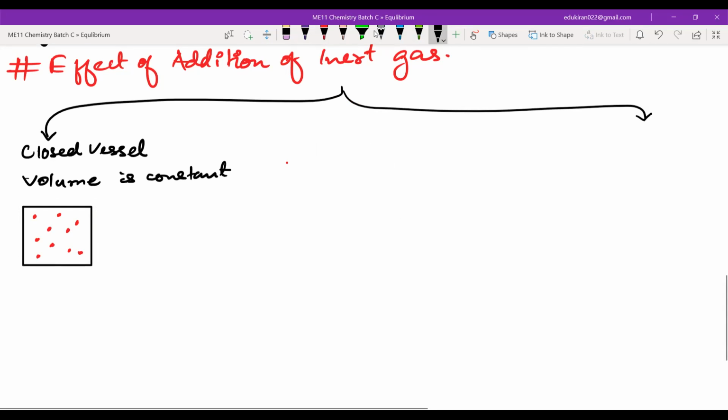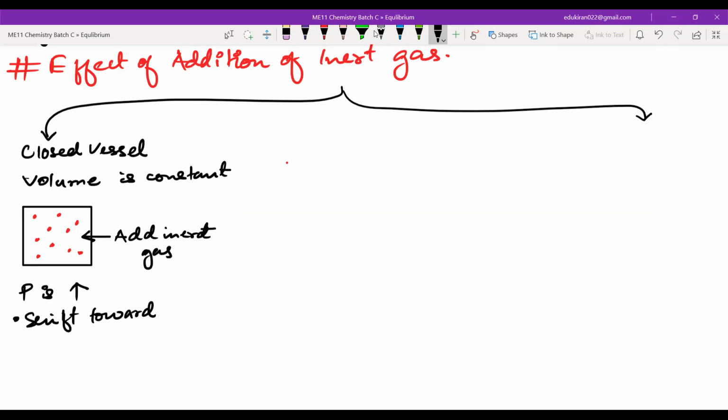So if I add inert gas, that means I'm increasing the number of moles of gases, and pressure is increasing. Then what will happen? Equilibrium will shift towards less moles of gas.